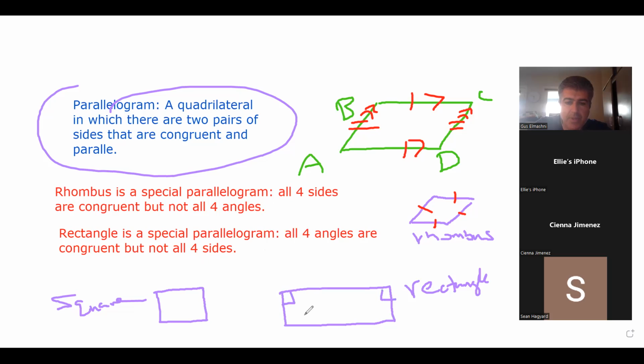Remember we talked about yesterday, n minus 2 times 180 is the sum of all interior angles. Four sides, 4 minus 2 is 2. 2 times 180 is 360. If you chop up 360 four ways equally, right, 360 divided by 4, you get 90, 90, 90, right? So that's a rectangle. And then lastly, a square.